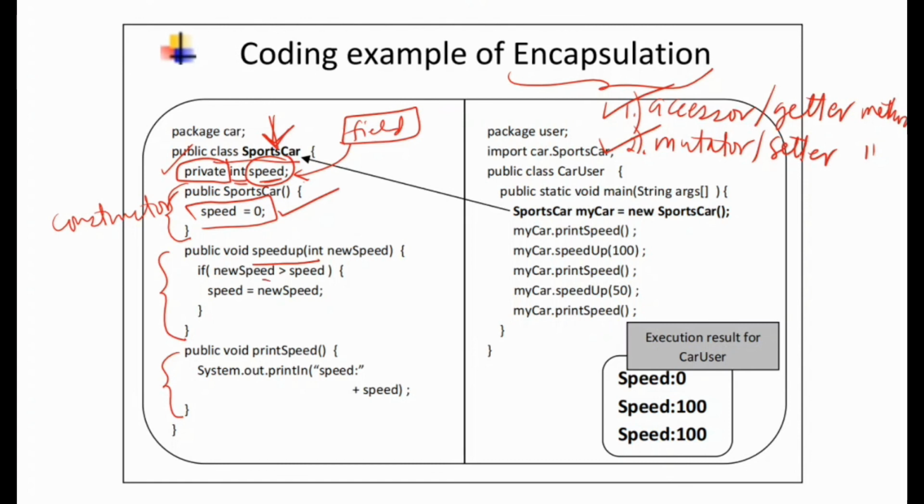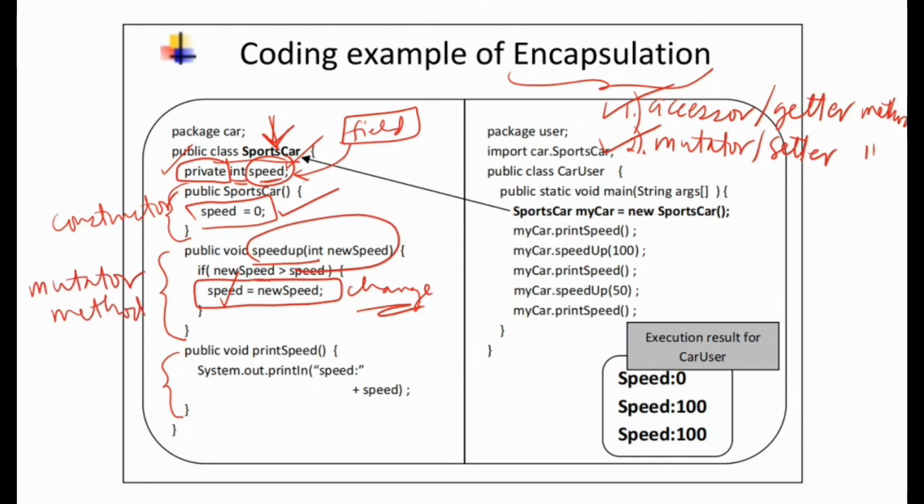Take note that we change the value of speed here. So this is a mutator method. While print speed is called to display or retrieve the value of speed. And so this method, print speed, is an accessor method or a getter method.